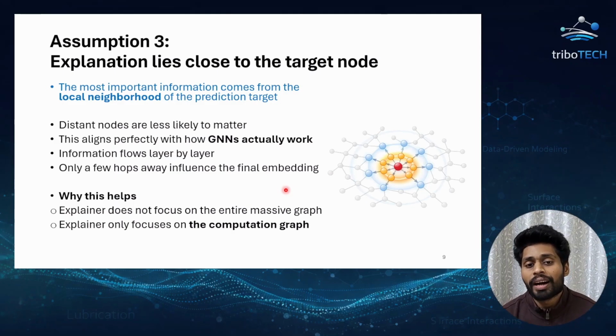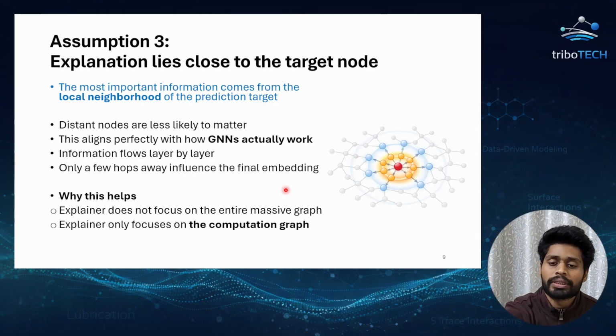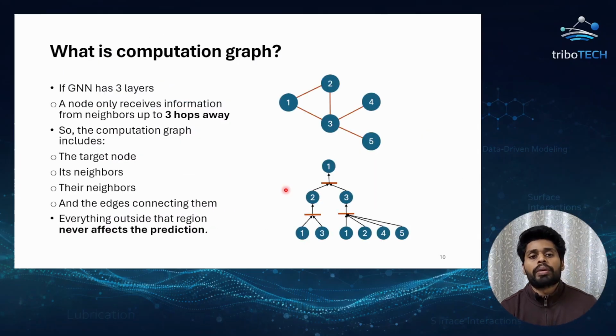Now, computation graph could be a new term for some of you. A computation graph basically looks like this. If we have a graph like this, node 1 is connected to node 2 and node 3, right?